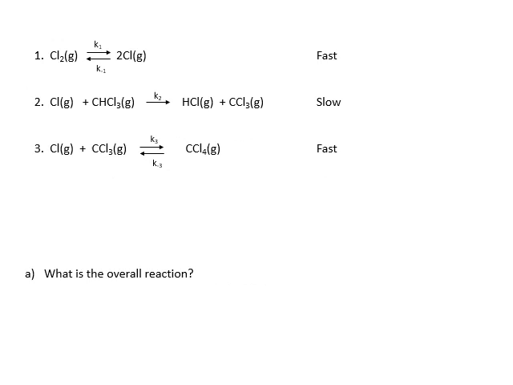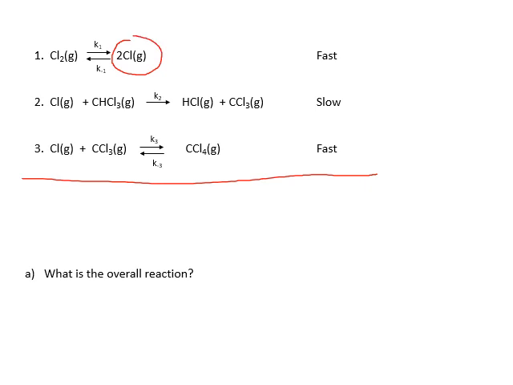So the first question is, what is the overall reaction? To answer this question, we add up all the reactants and products in the elementary steps of the reaction mechanism, but cross out any species that appear equally on both sides of the arrow. So what we're going to do is add up everything in this three-step mechanism.